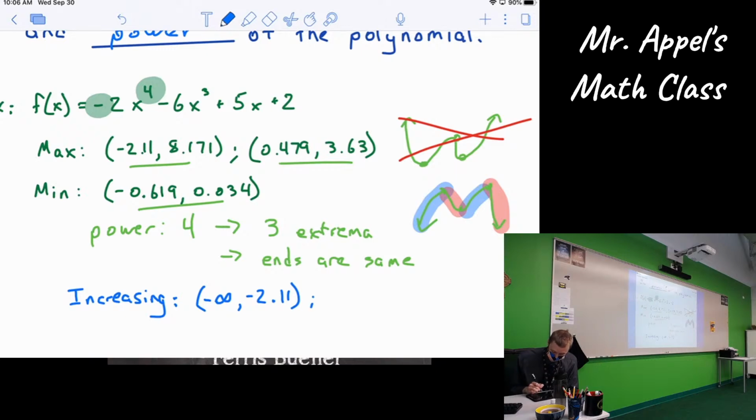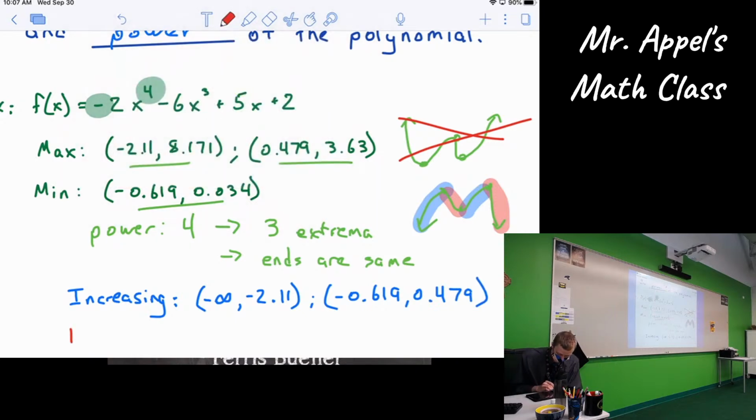And then my second region will start at the second extrema, the minimum there. So we'll use that x value, negative 0.619. And that will travel all the way up to the third point, so up to 0.479. That is where the function increases.